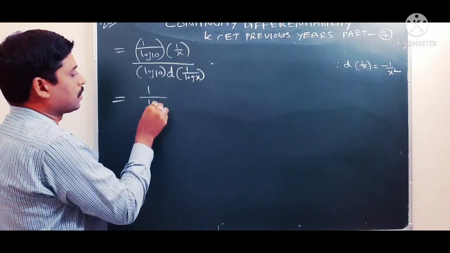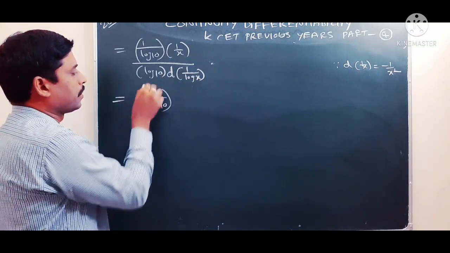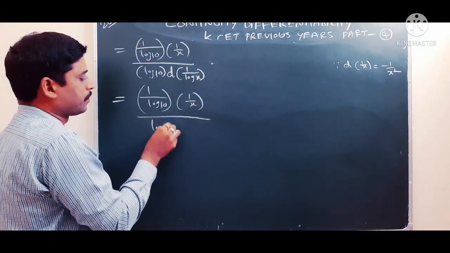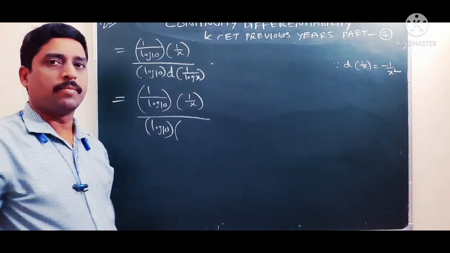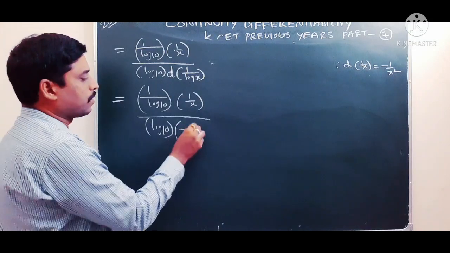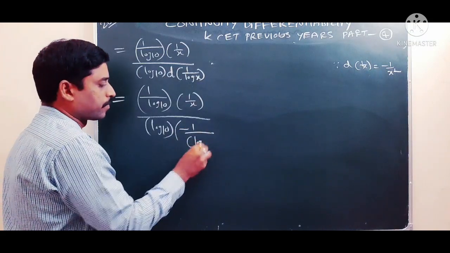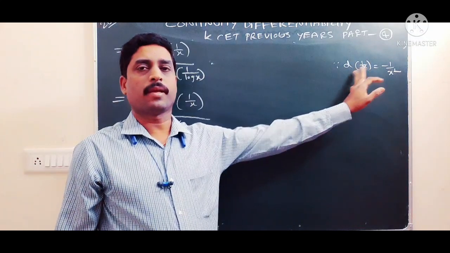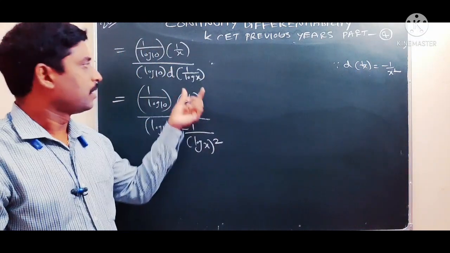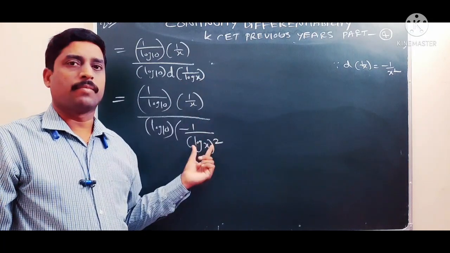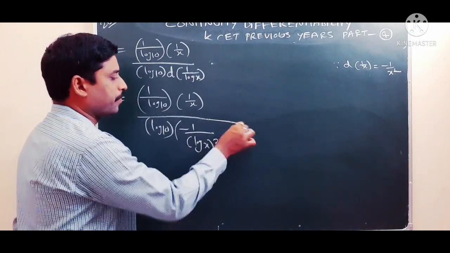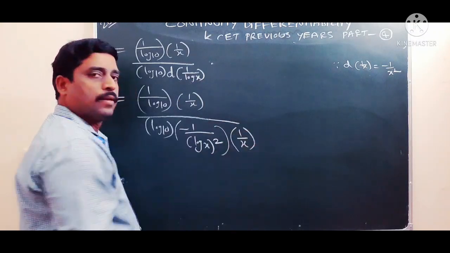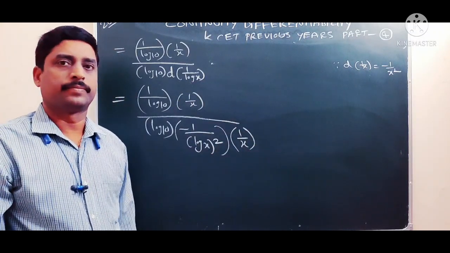Okay, 1 by log 10 into 1 by x, divided by log 10 into the derivative of 1 by log x. This will be minus 1 by (log x) whole square, according to the formula derivative of 1 by x is minus 1 by x square, into the derivative of log x, which is 1 by x by using the chain rule.